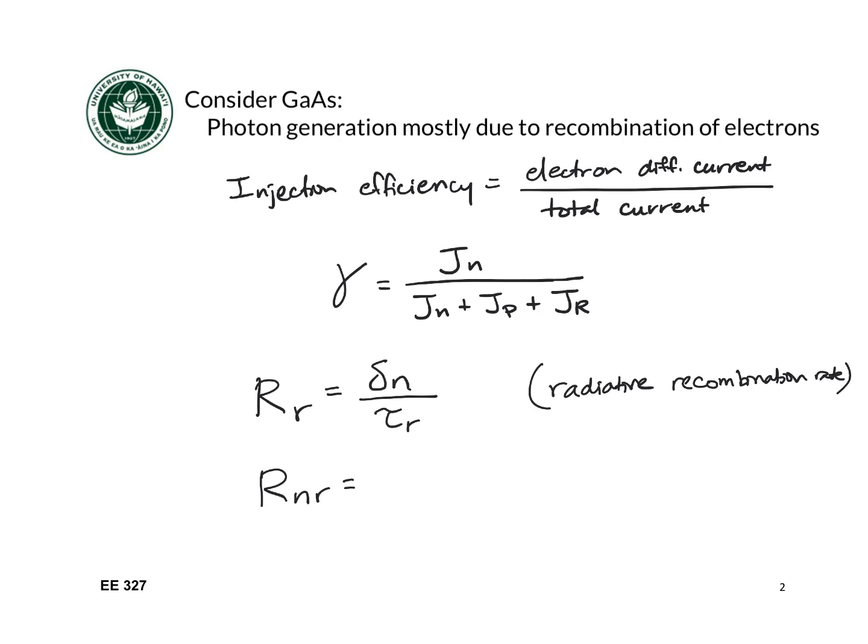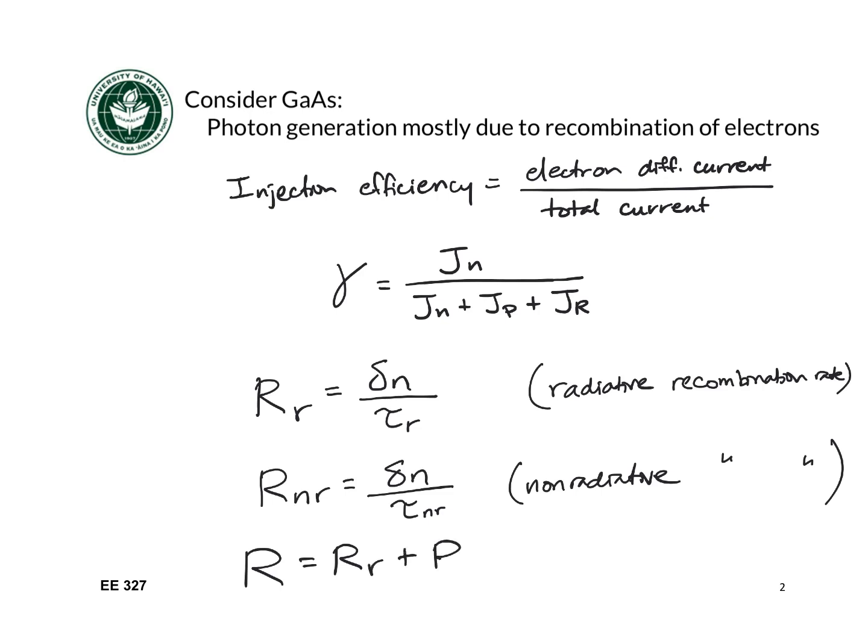And this next equation will be the non-radiative recombination rate, and that'll just be the excess electron concentration divided by the non-radiative lifetime. The total recombination rate is then going to be just the radiative recombination rate plus the non-radiative recombination rate.